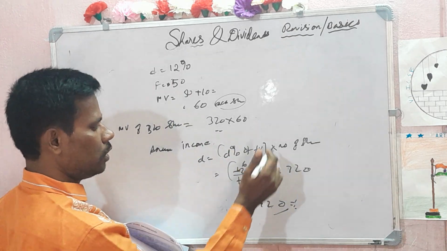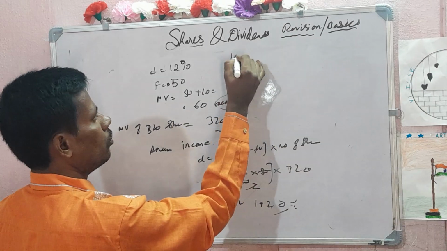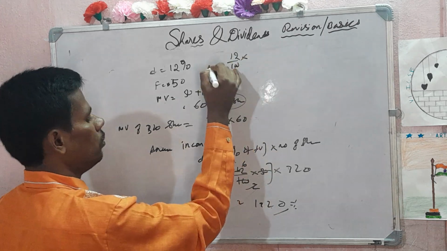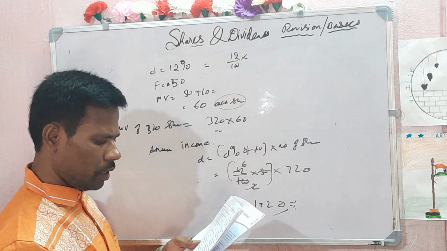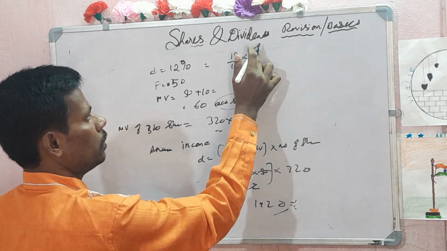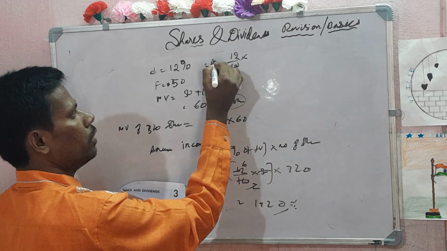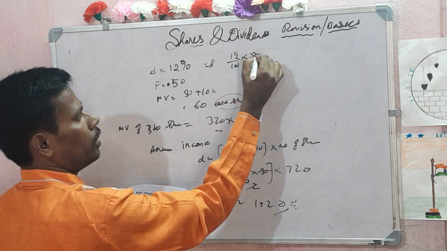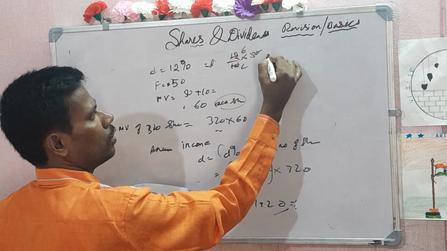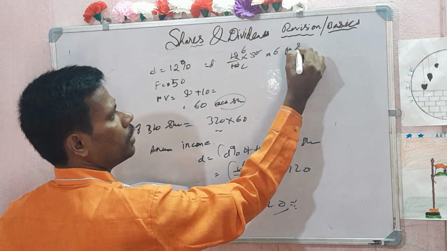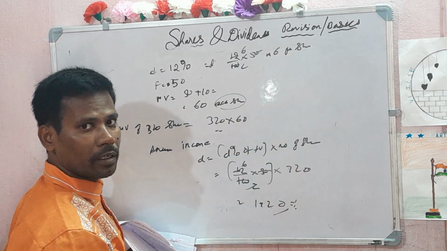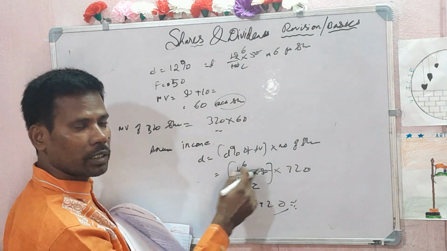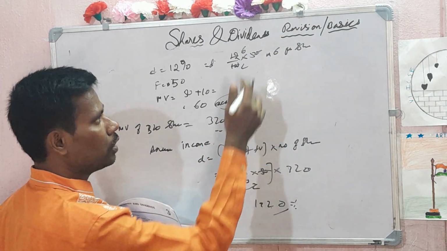So for one share, dividend is equal to 12 by 100 into 50. I am doing the third one, profit percentage. Dividend is equal to rupees 6 per share, and for 320 shares I got this.